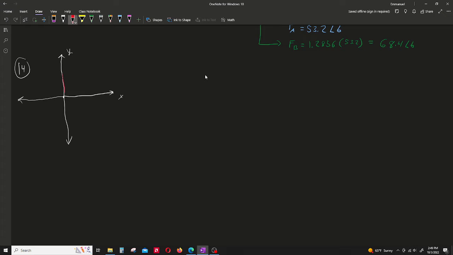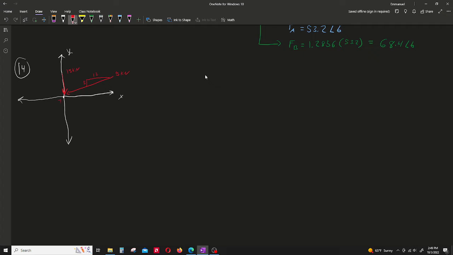We got forces coming down this way for 15 kilonewtons. We got another force happening this way for 5 kilonewtons. This here, they give us this information, which is 12 and 5.